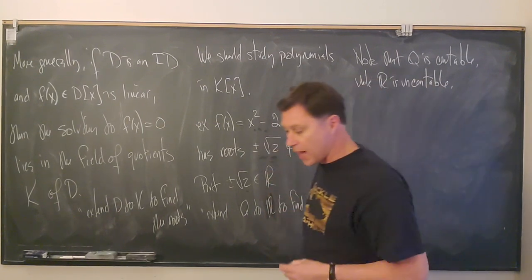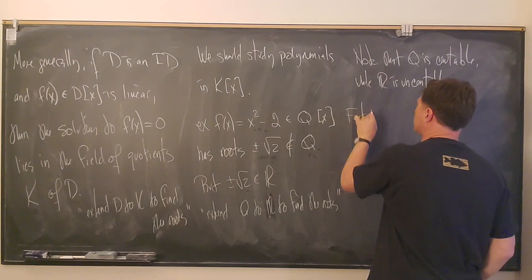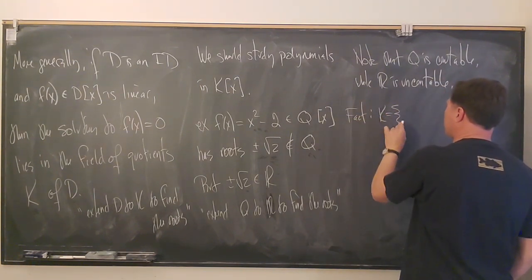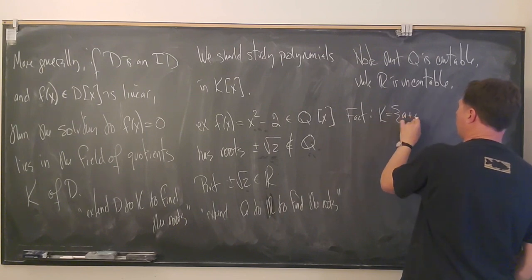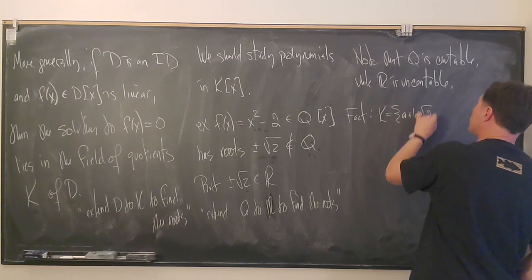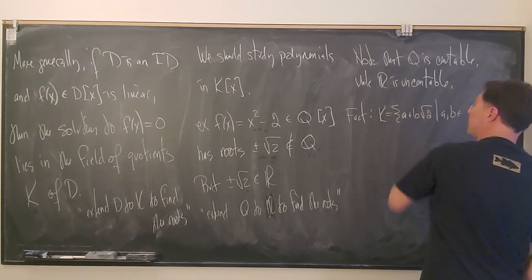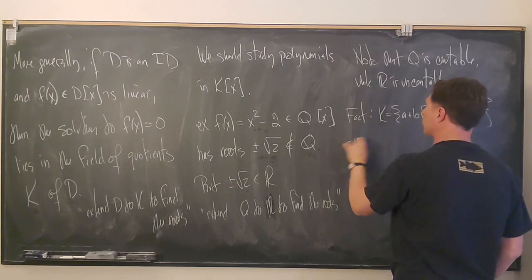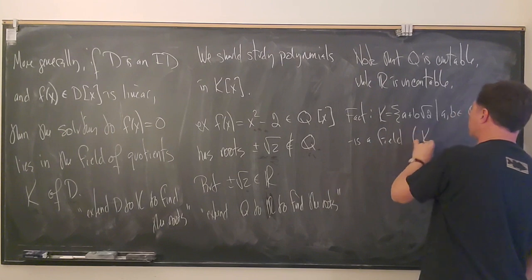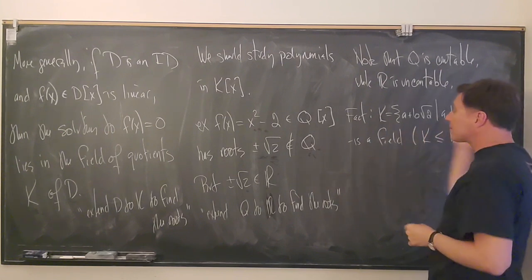And the answer is yes. Let me just say this as a fact. The set K, consisting of all objects of the form A plus B root 2, where A and B live in Q, turns out to be a field. You can show that K is a subfield of the real numbers, and it's countable.